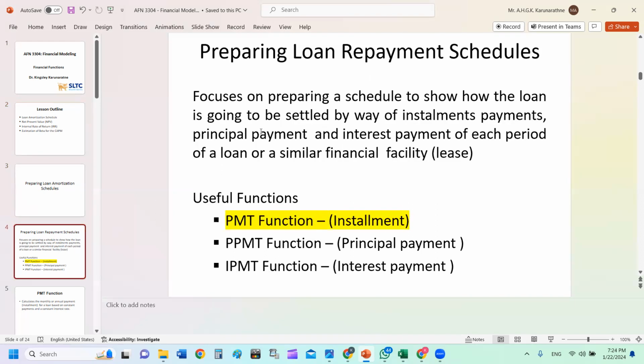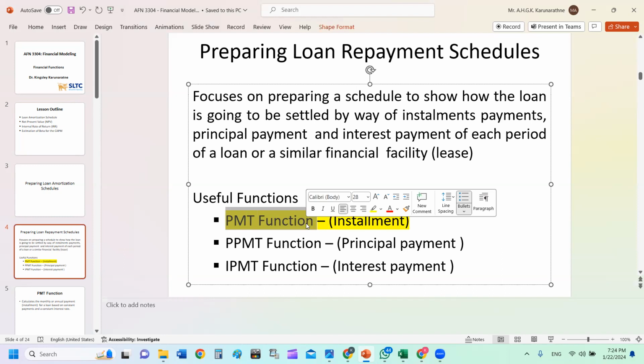So there are different functions available in Excel that are useful for you to prepare loan amortization schedule, loan repayment schedule. For example, PMT function, right? PMT function helps you to determine your annual or monthly loan installment.